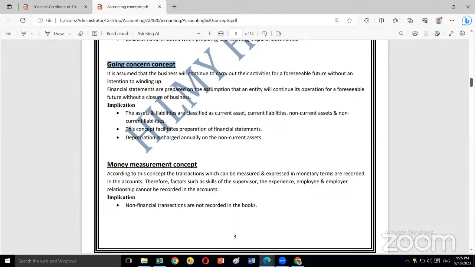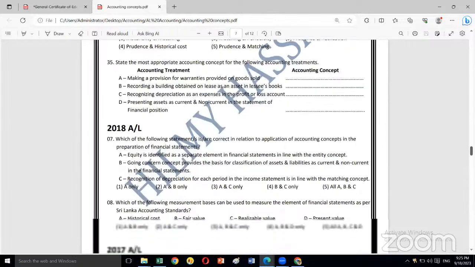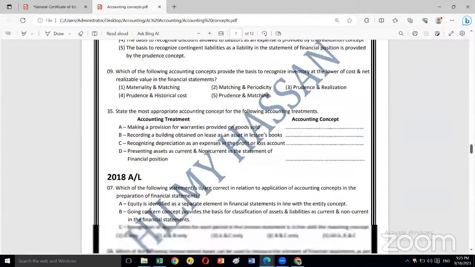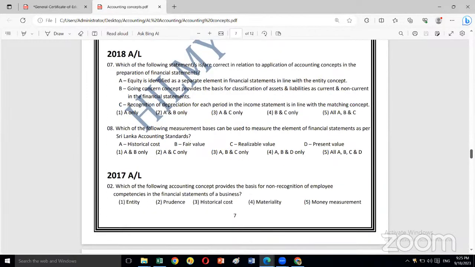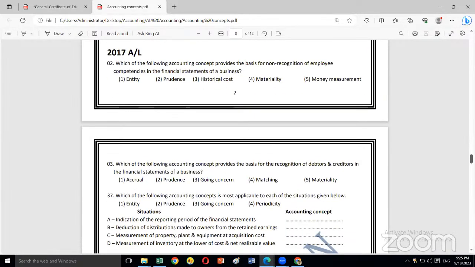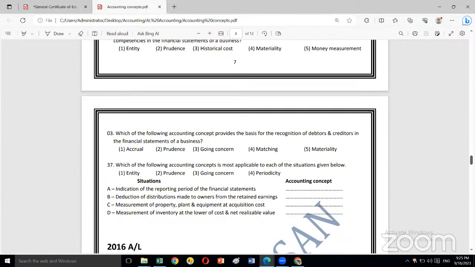Sometimes they will ask, what is the concept which facilitates preparation of financial statements? Going concern concept. So, for example, I'll show you some questions related to the going concern concept here.